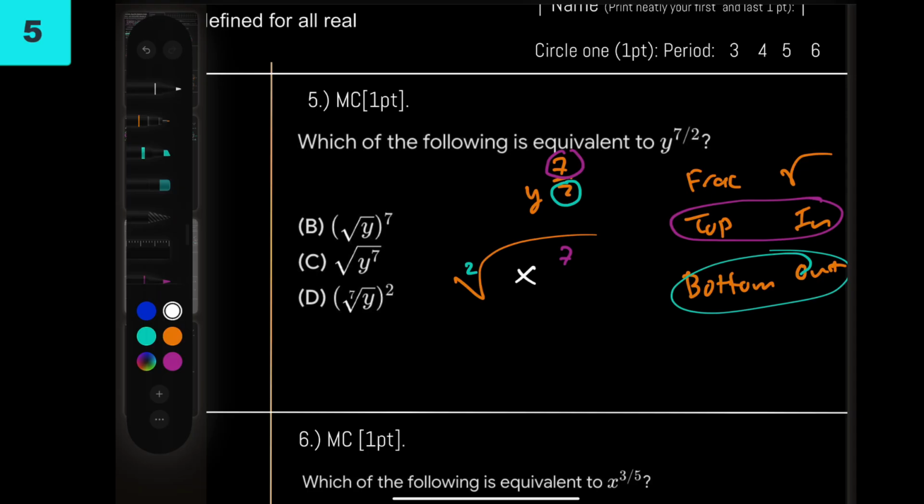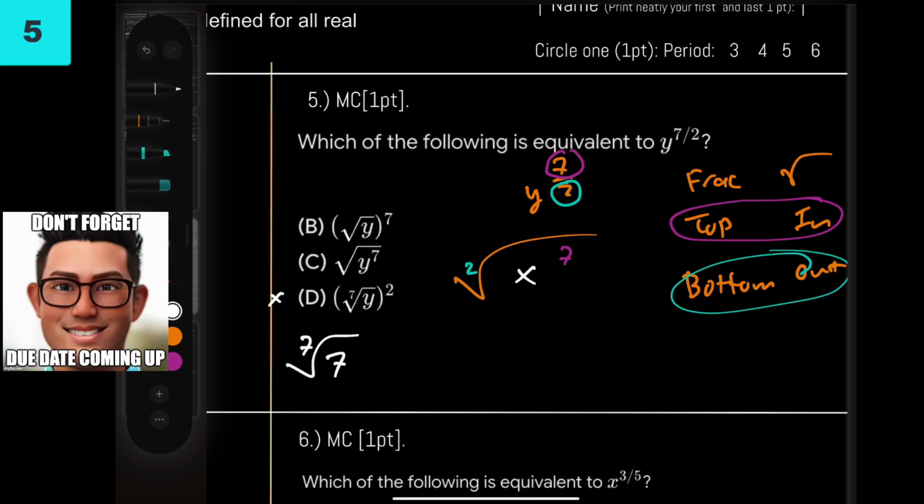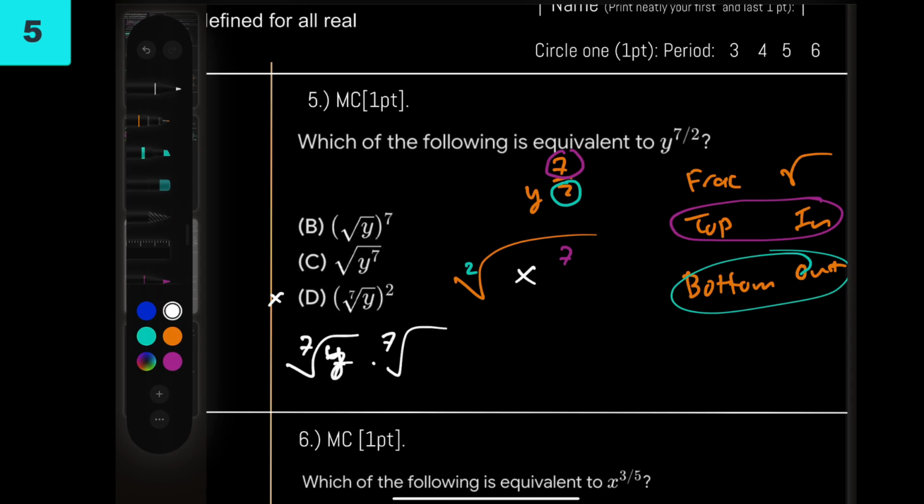Okay, so let's think. It's not going to be this one because that's essentially like this. Oops, that should be a y. So it'll be like y to the 1/7 plus 1/7, which would give us y to the 2/7.